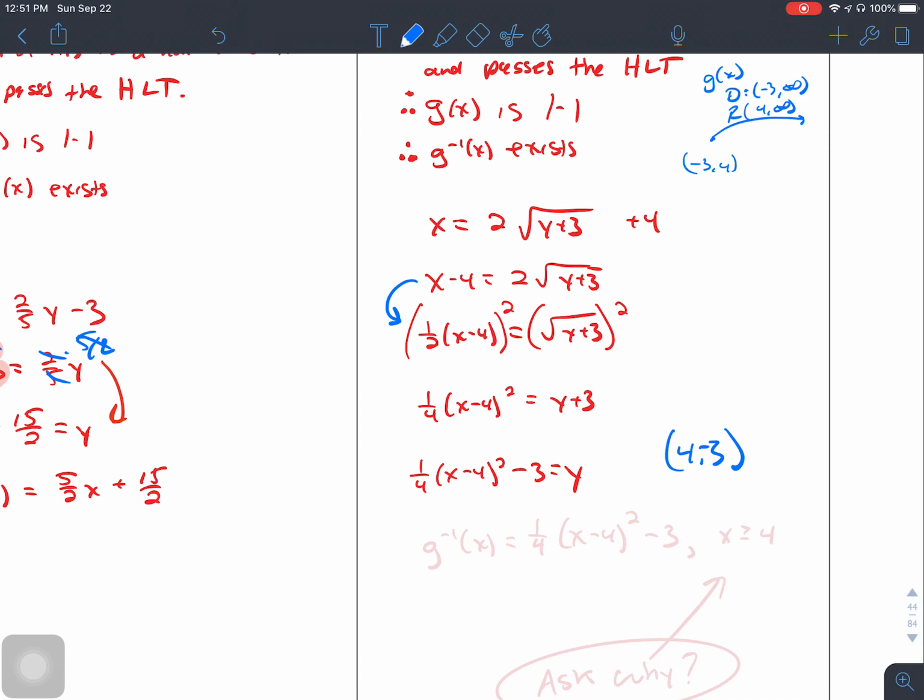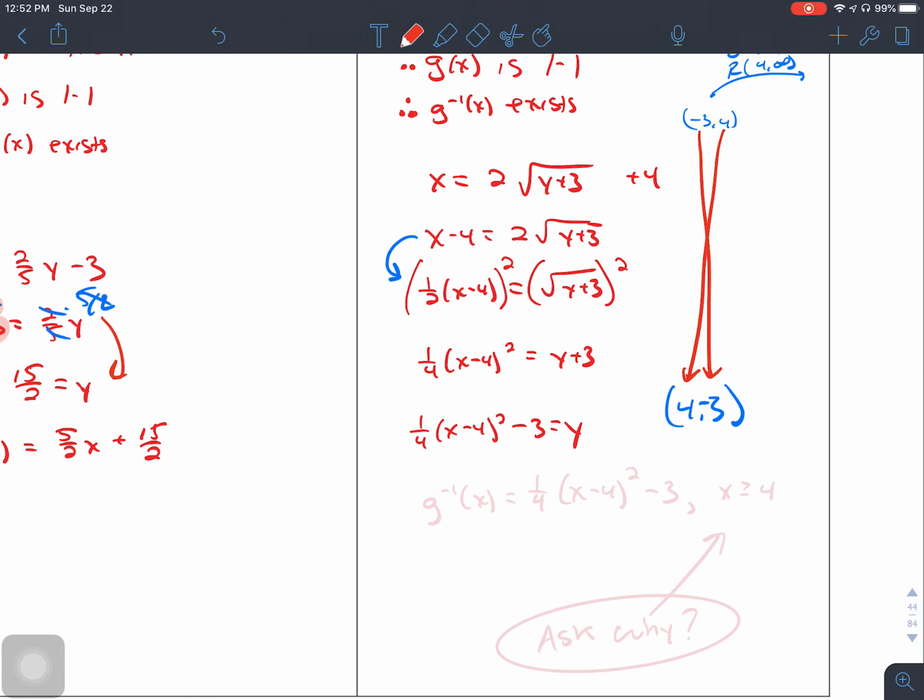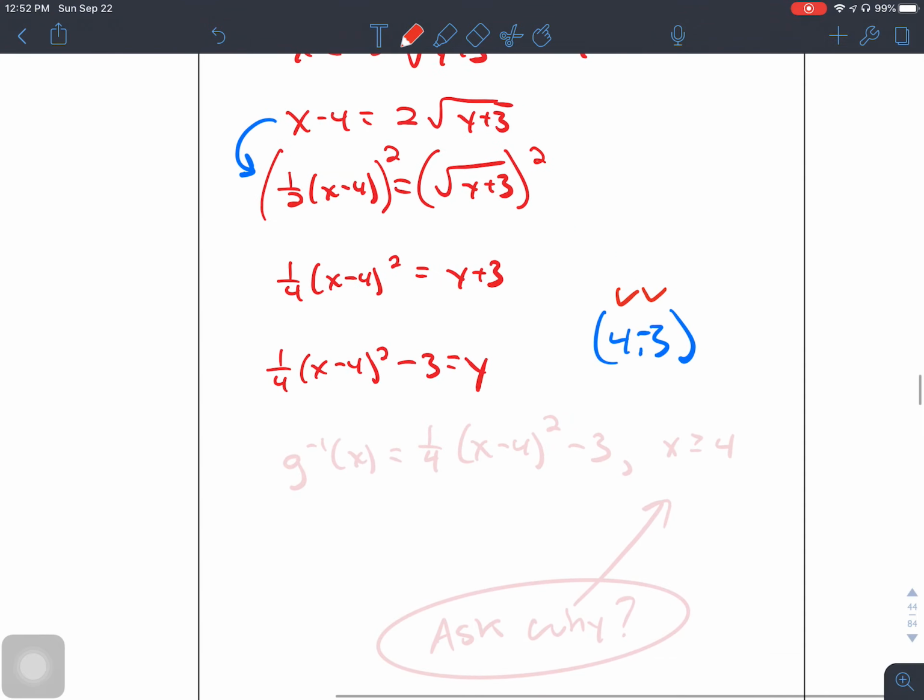So here's the reason why I was panicking when I got 4, 3 as the vertex. It doesn't make any sense because if the original graph had a vertex of negative 3, 4, the inverse, you should be able to switch the x and y and get the new vertex. So it's a good thing I panicked because it made me realize I had made a mistake. That's a negative 3. What would this graph look like? It's a parabola that's going to open up, right? Well, what's the problem with this?